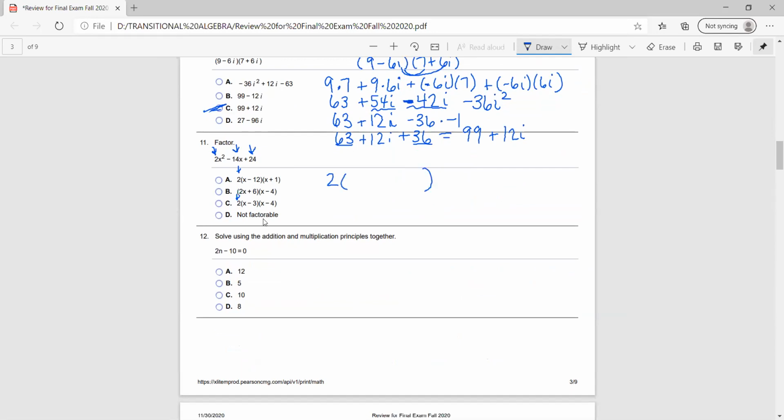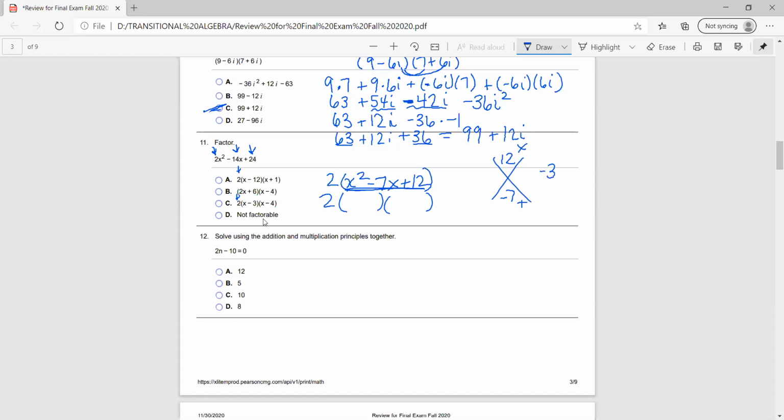If we pull a 2 out of 2x squared, that's going to leave me with x squared. If we pull a 2 out of negative 14, that's going to be negative 7x. If we pull a 2 out of 24, we're going to have a positive 12. So now we're only worried about this part, which we're not worried about the 2. It's going to be in our answer, but we're looking for something that multiplies to 12 and adds to negative 7.